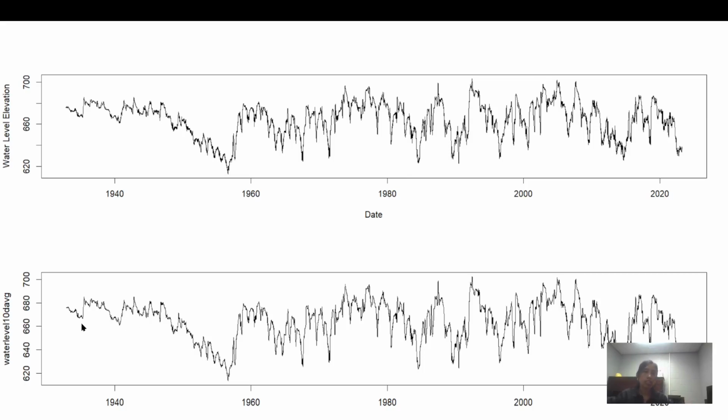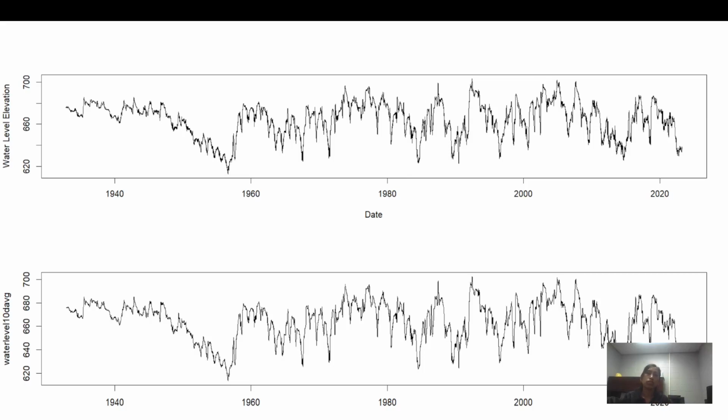In the 10-day average, the data it takes is from 1 to 10, and then it shifts towards the right. For the first 10 data points, it takes the average of 1 to 10, and for the 11th data point, it takes the average from 2 to 11.